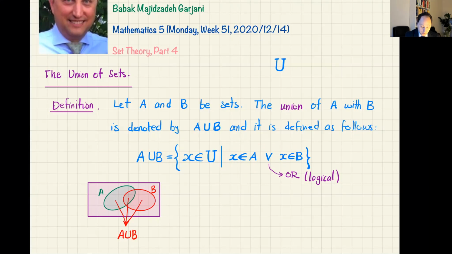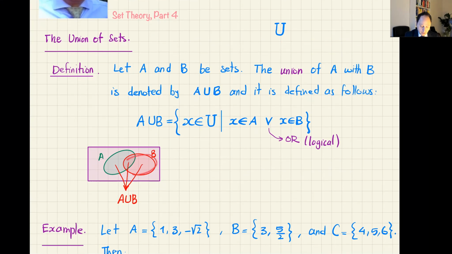So if I want to give you an idea of the union of those two sets, if this is my set A and this is my set B, this part is only in A, and this part is only in B. They should be included in the union, but this part which is in both should also be included. So the whole union, if you want to draw its border, would be this. This would be the union of these two sets.